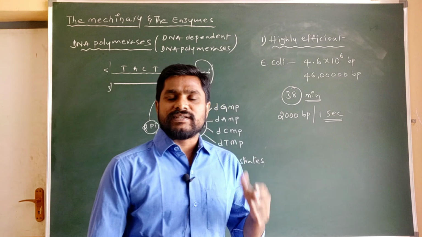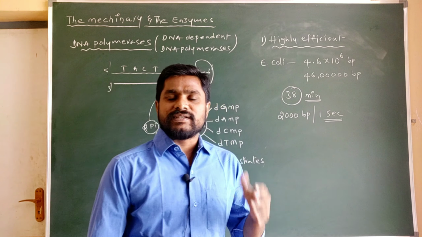DNA polymerase 1, by its 5' to 3' polymerase activity, synthesizes a new DNA strand in 5' to 3' direction. It polymerizes nucleoside monophosphates in 5' to 3' direction according to the sequence of nucleotides present on DNA template. Hence it is called 5' to 3' polymerase activity.